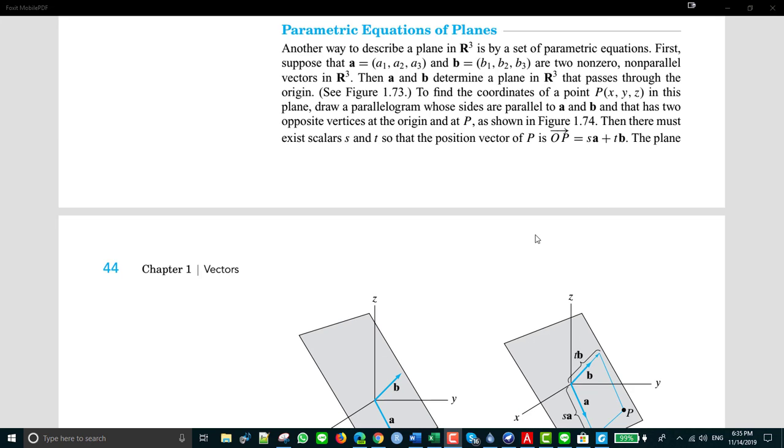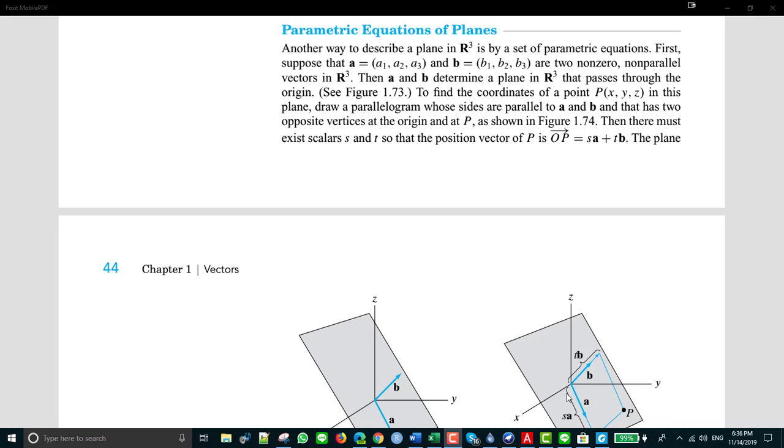So suppose we take any other point in the plane, for example, this point. There's a way to get to this point using a combination of multiples of these two vectors. So like in this picture, we have to go out to here and then down to here.